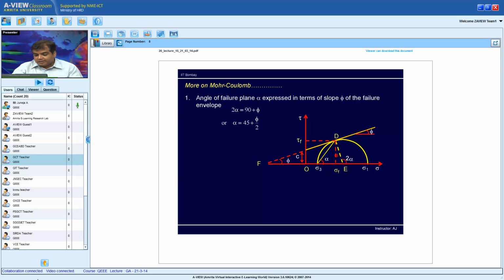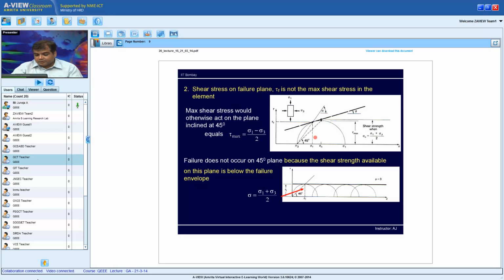If this angle is 180 minus 2 alpha, this is phi, and I know this is 90 degrees, I can write 2 alpha equals 90 plus phi, or alpha equals 45 plus phi by 2. This gives me the slope of my failure plane.